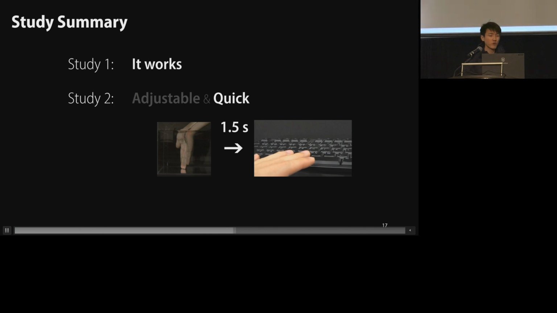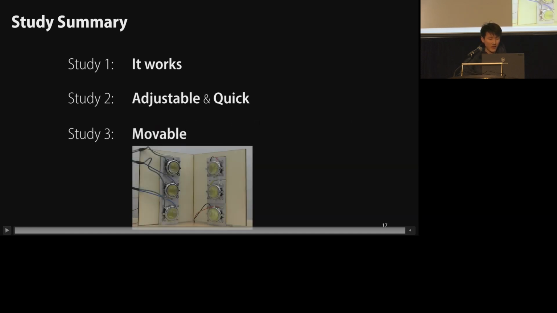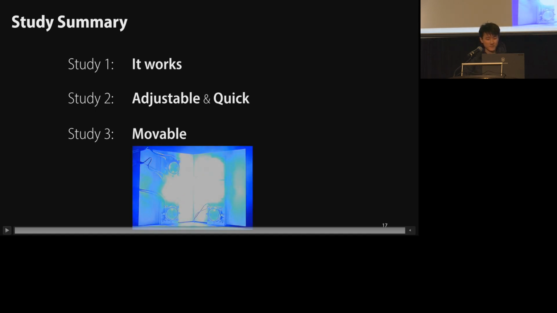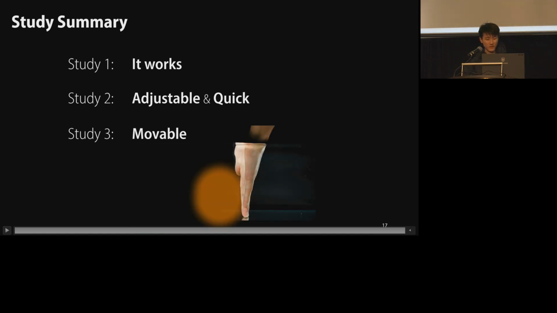And the reaction time is 1.5 seconds, which sounds a little slow, but it's pretty good for interactive systems, honestly, because it takes some time for the user to realize the warmth and then actually move the finger to press the keyboard. Another study to skip: if you use multiple LEDs, you can smoothly move the warmth on the skin, like this.